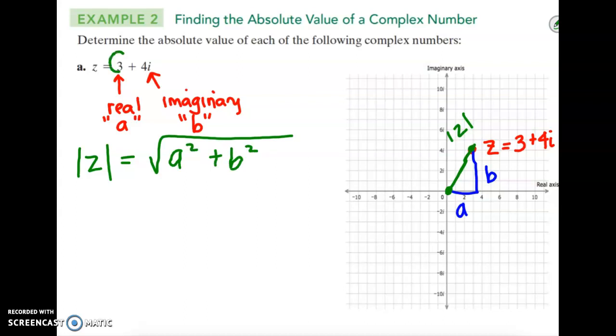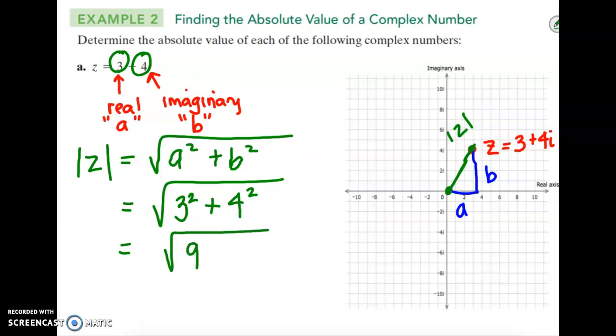So here's our A value. We substitute it into our equation, so 3 squared. Our B value is a positive 4, so 4 squared. Simplify those numbers. So 3 squared is 9, 4 squared is 16.